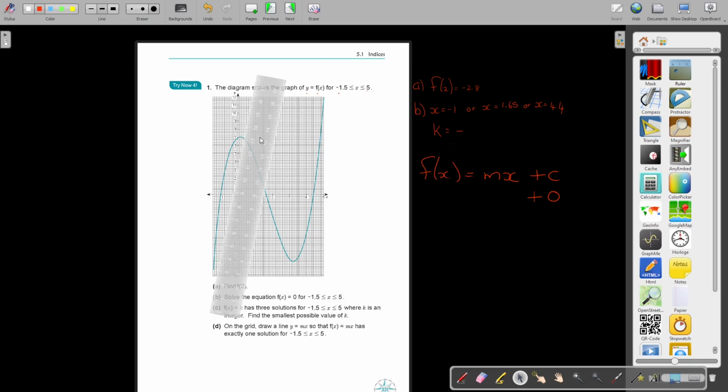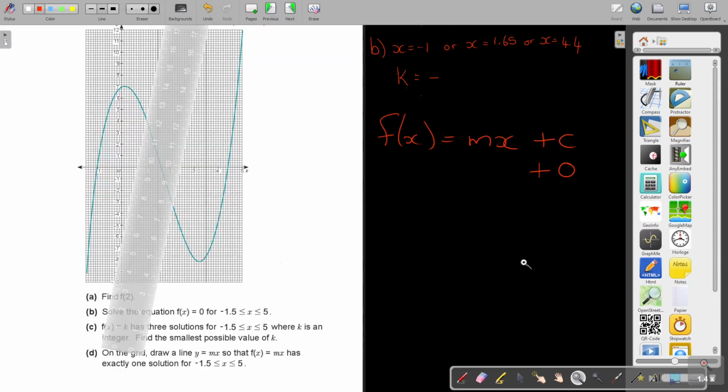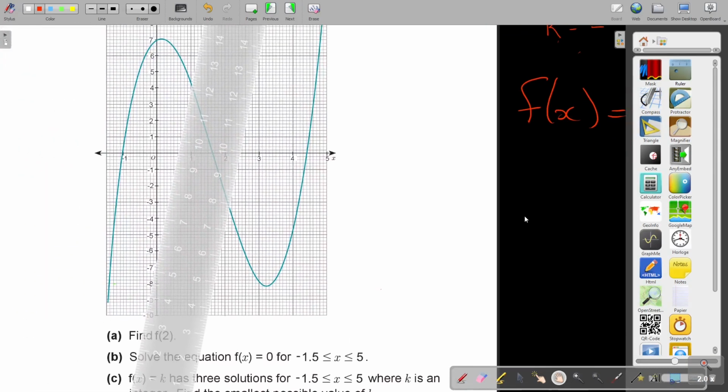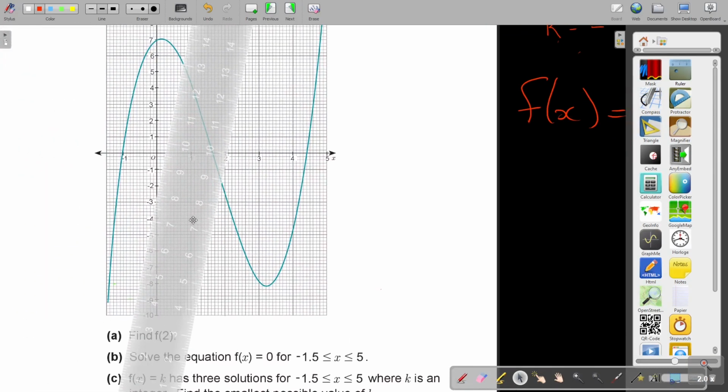As long as it's going through the origin, and I'm checking my origin every time to see that I go through the origin. Okay, there. So any line like that, the only important thing is that it must only cut once.